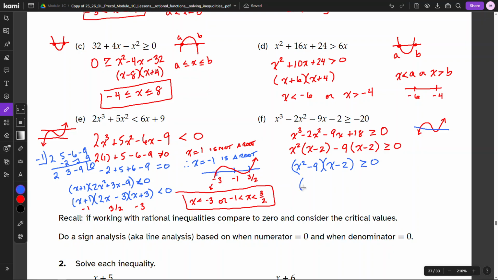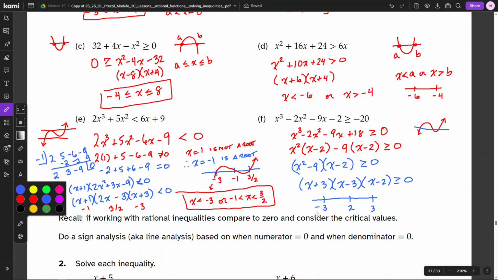So that means I have x plus 3, x minus 3, and x minus 2 being greater than or equal to 0. On a number line, negative 3 is going to be furthest left, then positive 2, then positive 3.